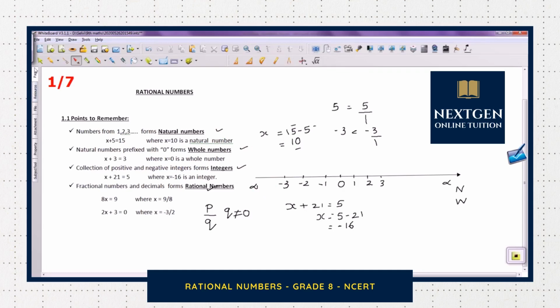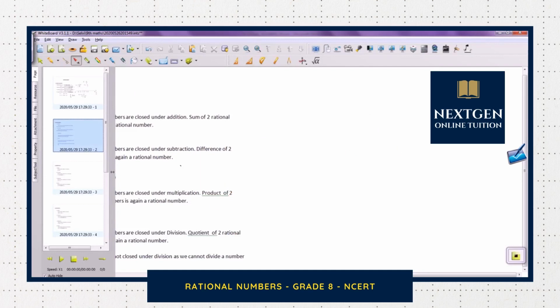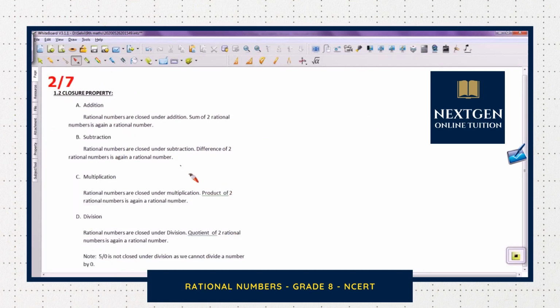Let's get into our next topic. Closure property. What is the closure property? If I add two rational numbers, my answer must be a rational number. That is, the sum of two rational numbers is again a rational number.